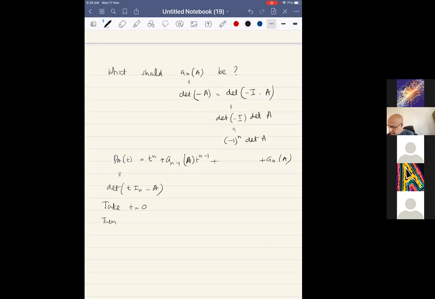Then on the one hand, determinant of minus A equals p_A(0). But if I put t equal to 0 in this polynomial, this is equal to a_0(A). So if my claim is true, this coefficient is minus 1 to the power of n times determinant of A. So that is a function of the matrix that you've already encountered, the determinant function. The other coefficients generalize the determinant in a very, very important way.